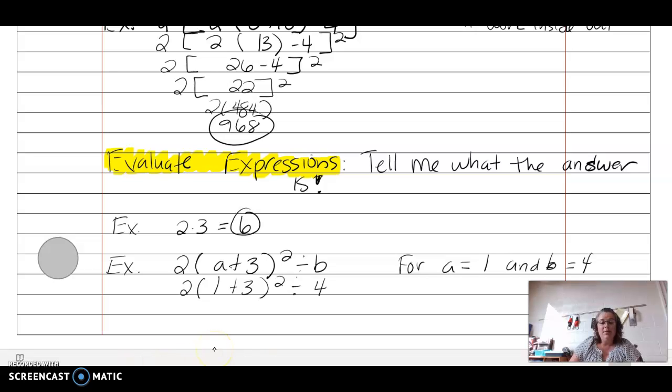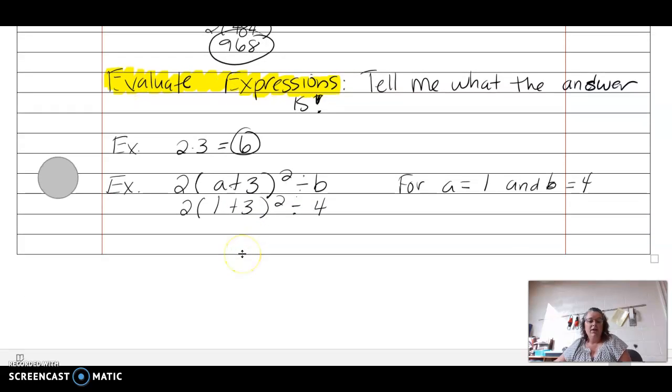Now we have a problem that we get to simplify. According to our order of operations, we get to do the inside of the grouping symbol first. So you have 2 times 4 squared divided by 4. And then following order of operations, the next thing would be our exponents.